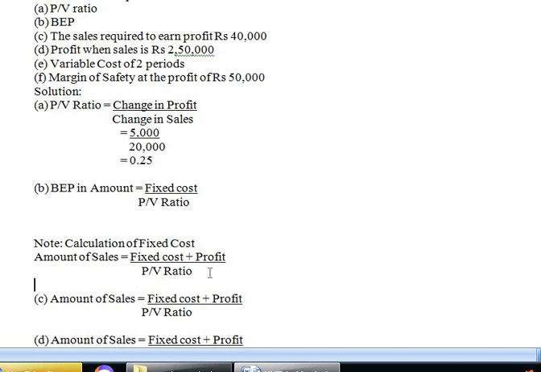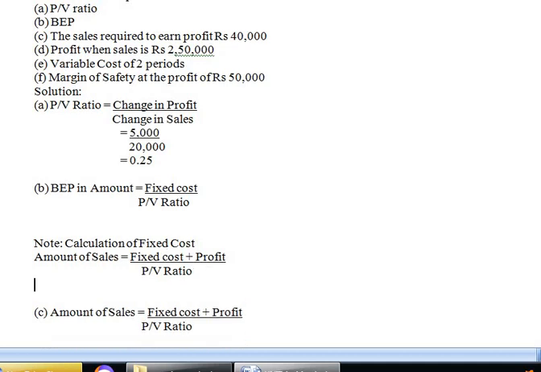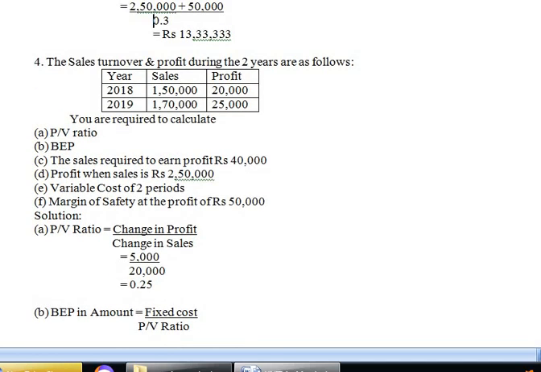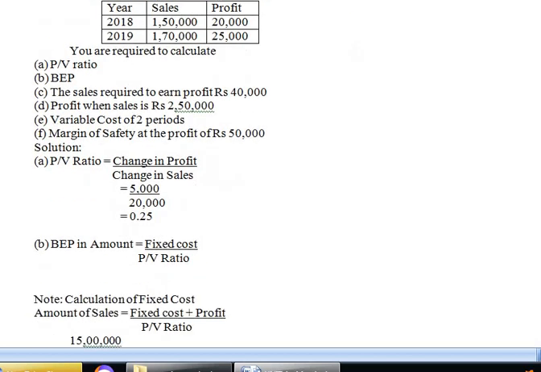Only this formula will help us find the fixed cost. Now, amount of sales, any year's sales you can take. It is 1,50,000.